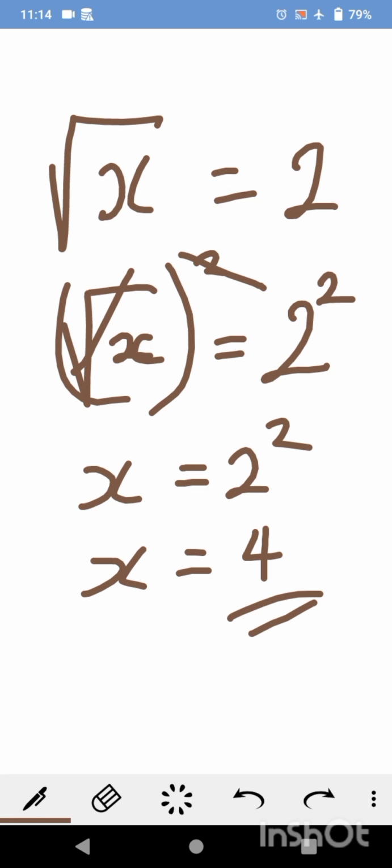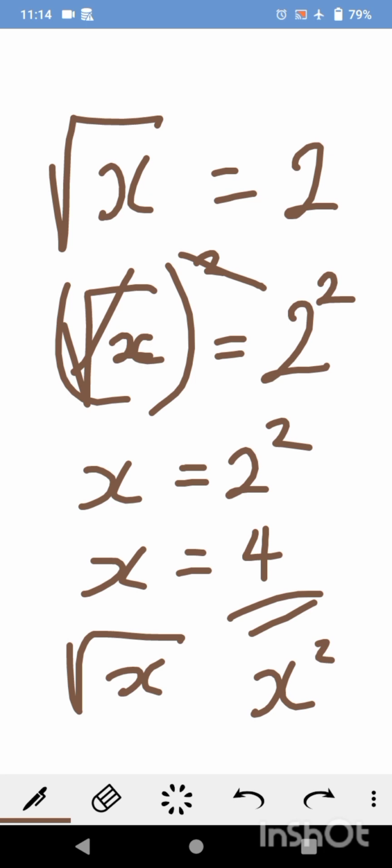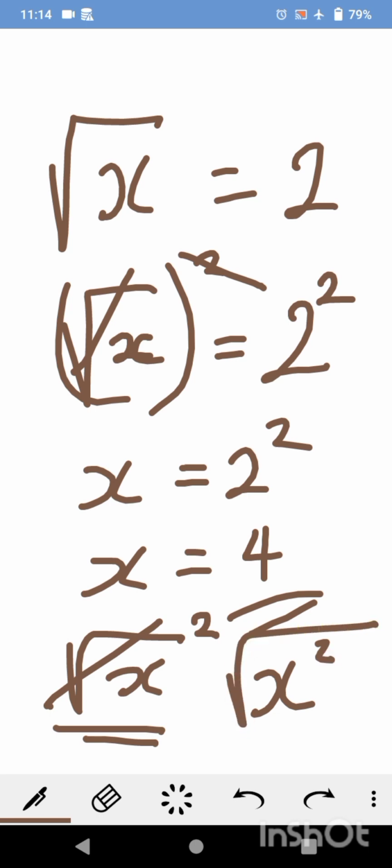Here we find out that square roots and squares cancel out each other. So if a variable has a square root, you square it to cancel out the square root. And if it carries a square power, you square root it to cancel out the square power.